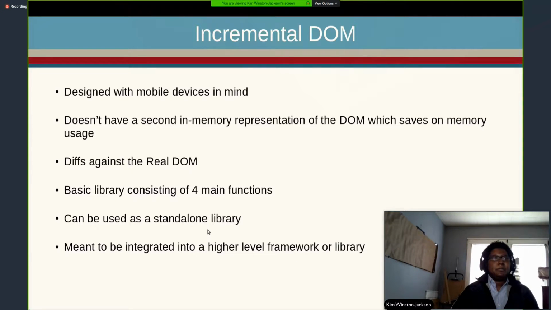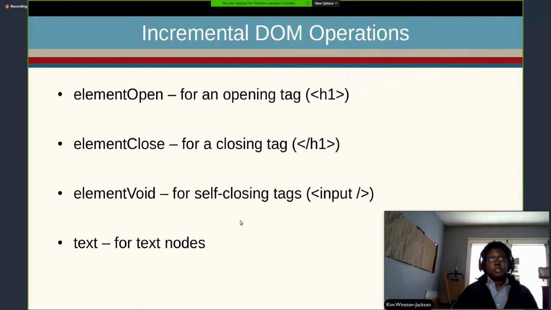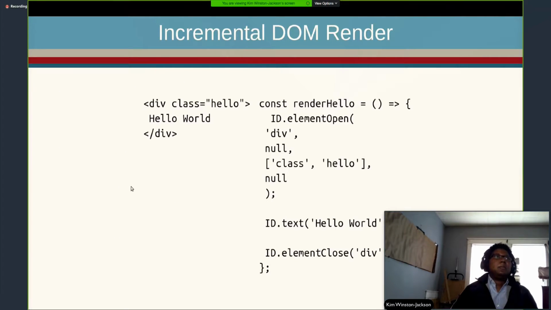And so now, let's look at some of its functions. It has 4 main functions. These functions are elementClose, elementOpen, elementVoid for self-closing tags, and text for text nodes. And this is just a small code sample where if you wanted to render this div containing hello world, it would look like this, and it's very similar to React's createElement.